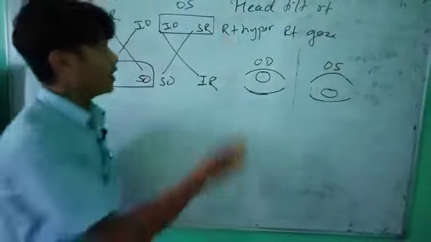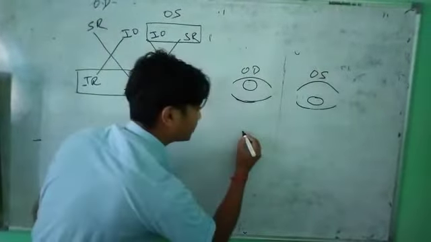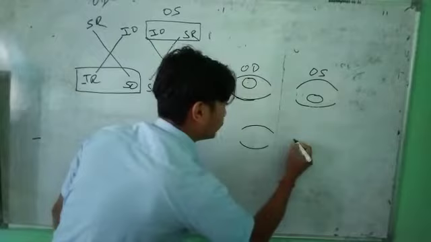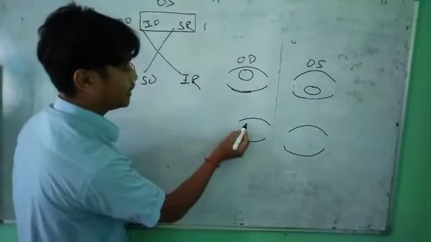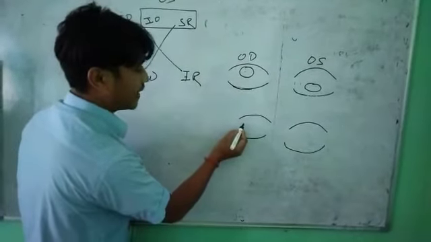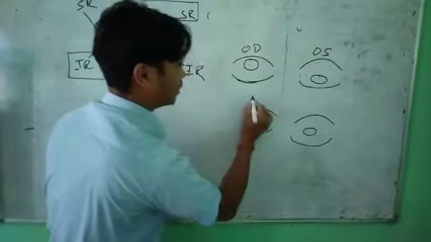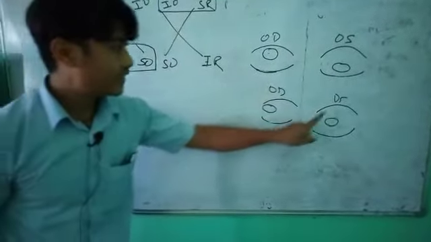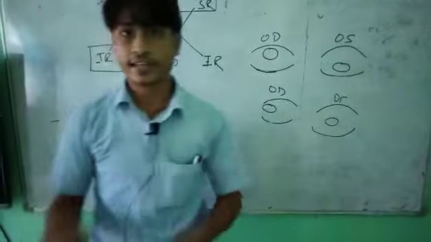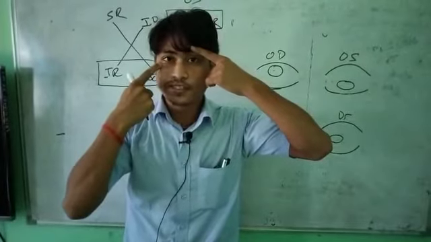In the same way, in second step, in which gaze the hypertropia increases. Suppose in the right gaze, hypertropia increases. So here this muscle is going to be paralyzed and this muscle is going to be paralyzed. Left side these muscles and right side this muscle is going to be paralyzed.